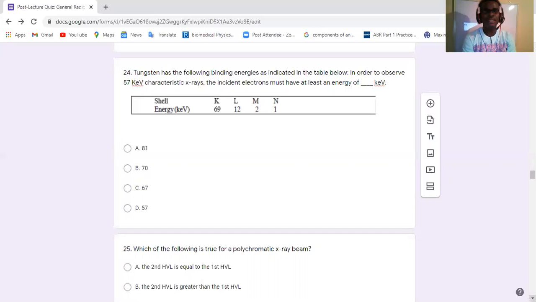They said 57 keV. We want to look at 57 keV. So how does your explanation justify it?